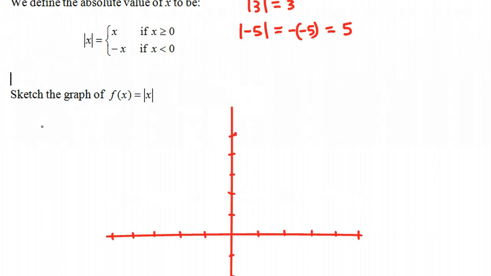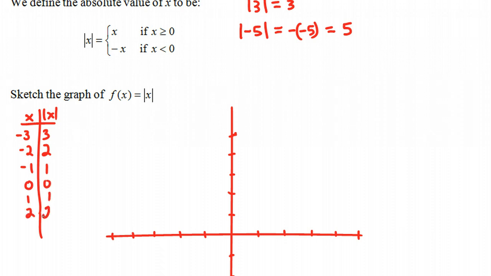Now, one way to do it would be to make a t-chart, right? A table of values. You can make x and the absolute value of x and plug in various values. So if you plug in minus 3, you get 3, minus 2, you get 2, and so on. Plug in positive numbers like positive 2, you get 2. Okay, and you can keep going.